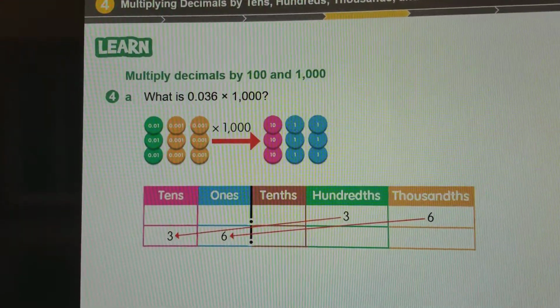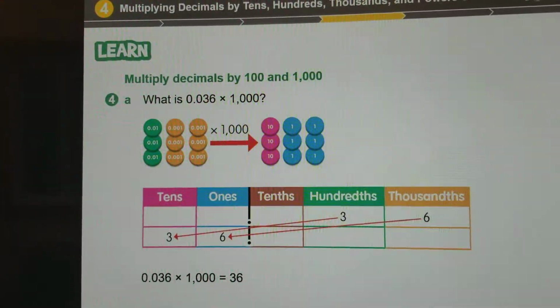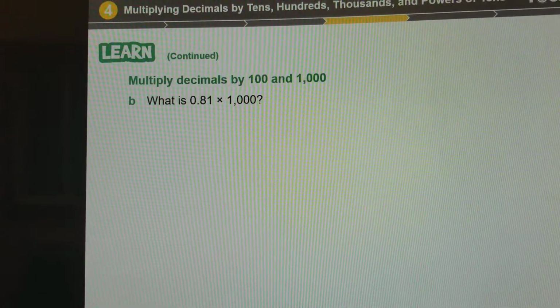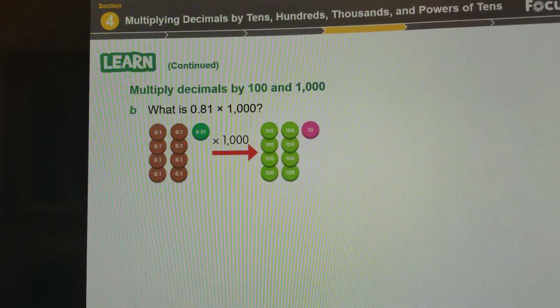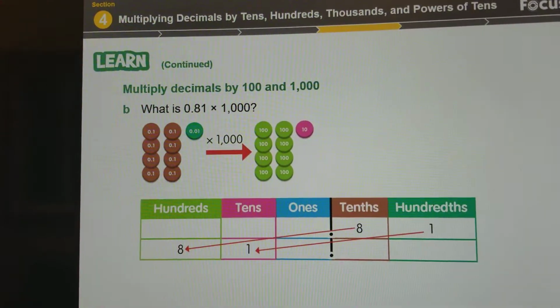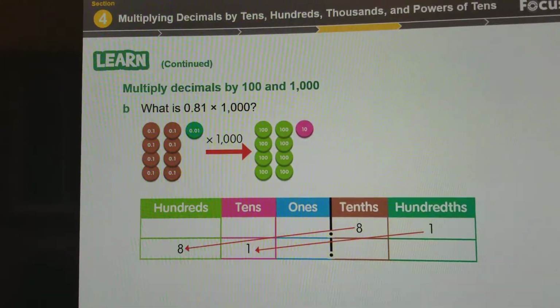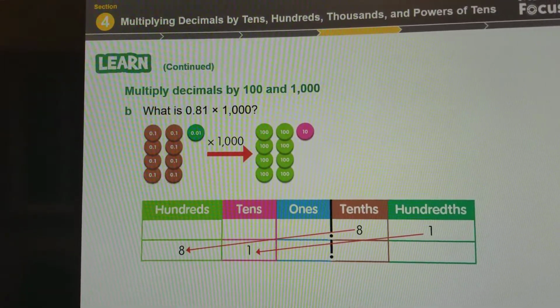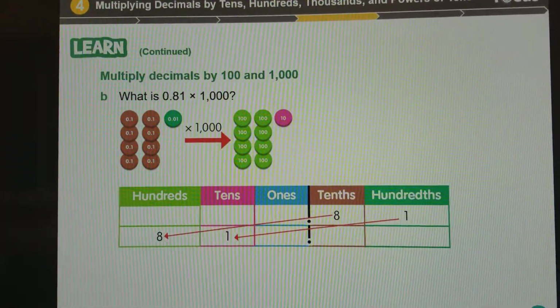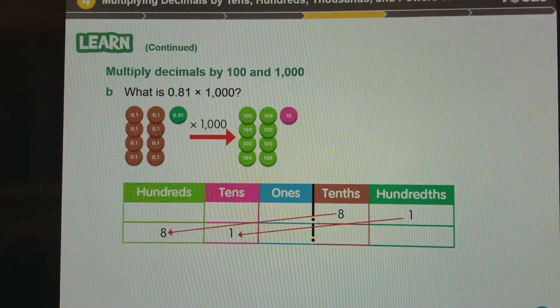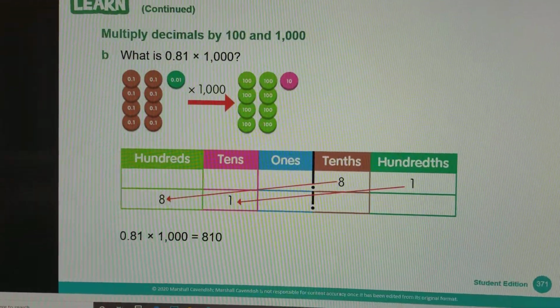It built up on the previous problem. Okay, 81 hundredths times 1,000. 81 hundredths times 10 would be 8.1. 81 hundredths times 100 would be 81. So 81 hundredths times 1,000 would be 810, right?